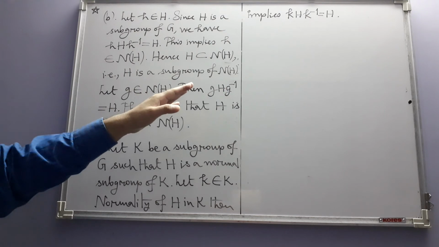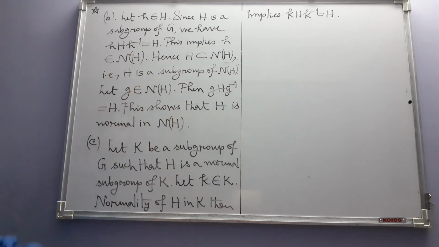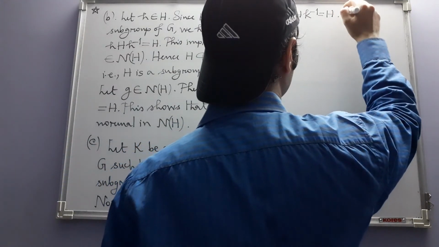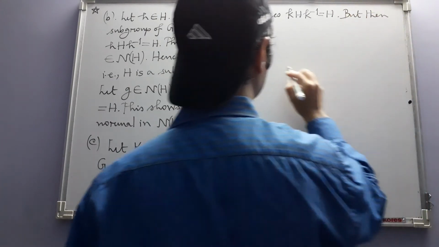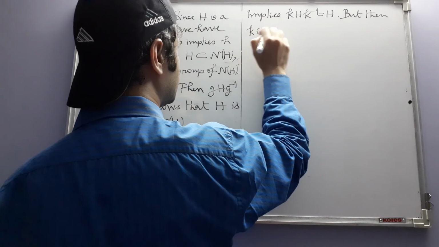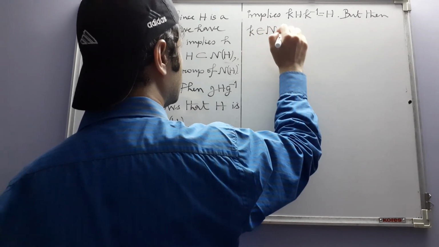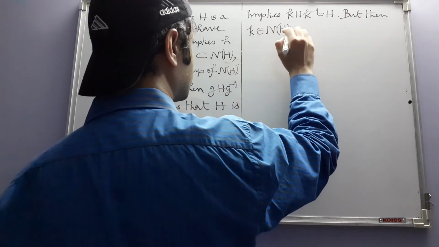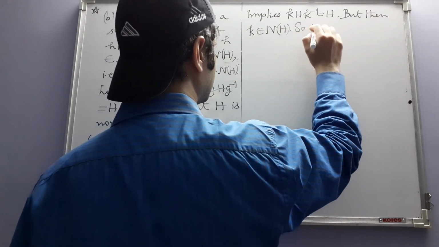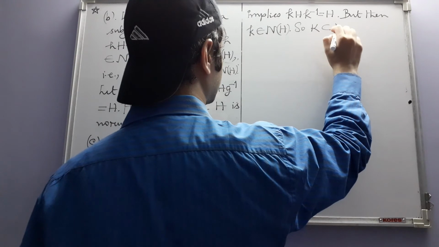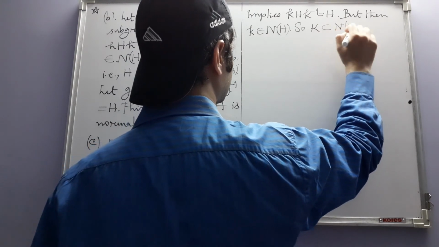This just simply tells us that k belongs to NH. So capital K is contained in NH.